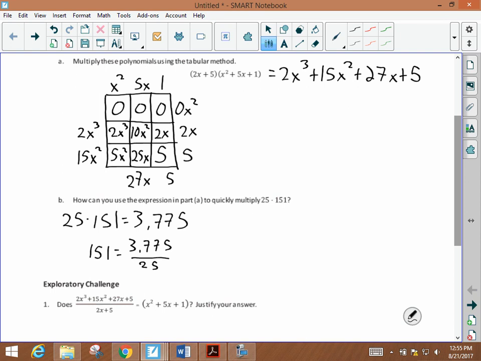In the same way, if I was to divide both sides by 151, I also have this equivalent equation, which is 25 is equal to 3,775 divided by 151.